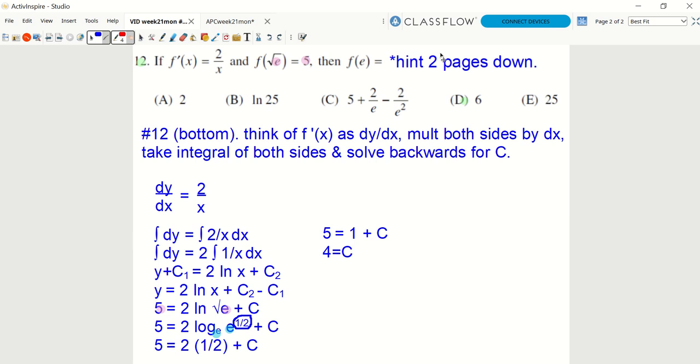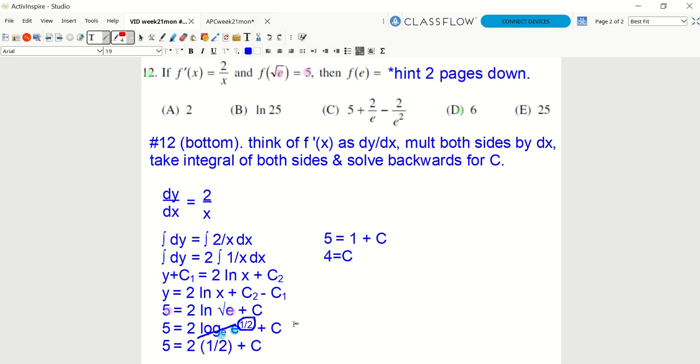So now your original equation, you plug that back in.